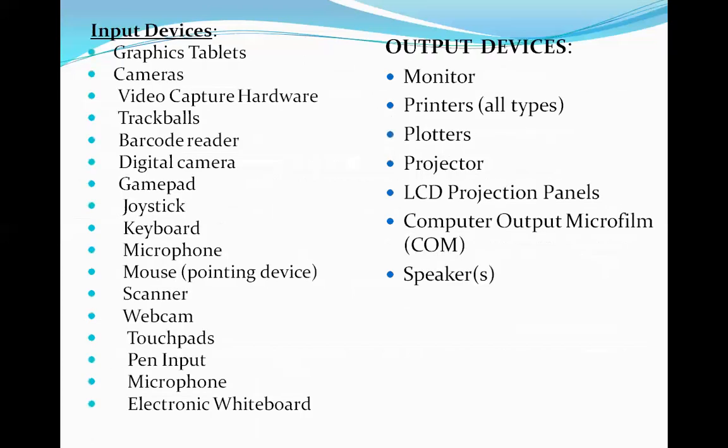Input devices include graphic tablet, camera, video capture hardware, trackball, barcode reader, digital camera, gamepad, joystick, keyboard, microphone, mouse, scanner, webcam, touchpad, pen input, and electronic whiteboard. Output devices include monitor, printer, plotter, projector, LCD projection panel, computer output microfilm, and speaker.